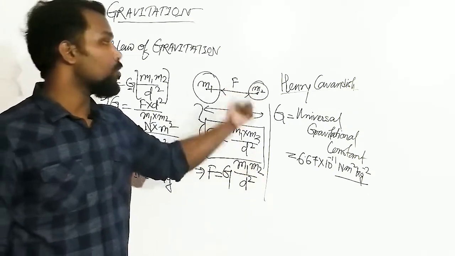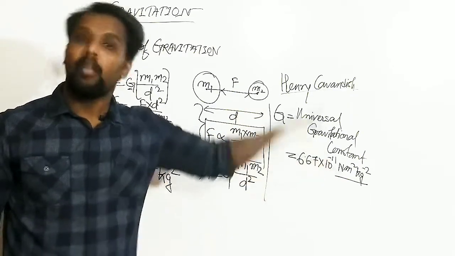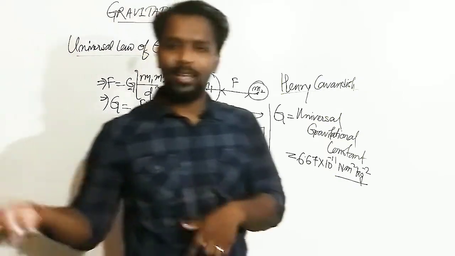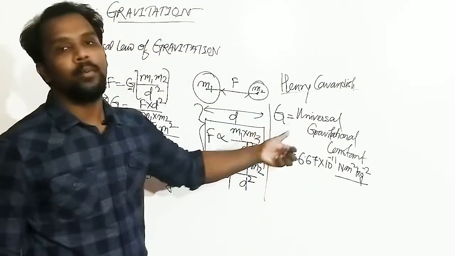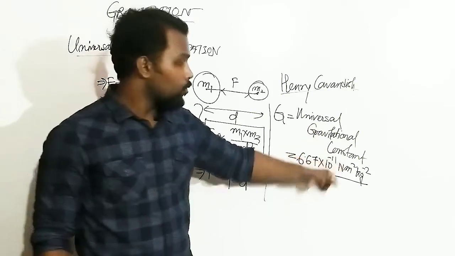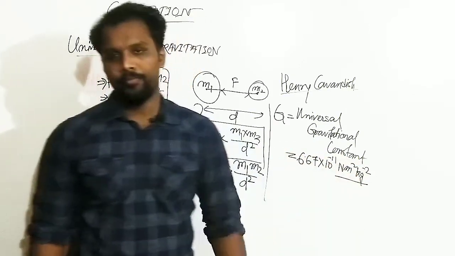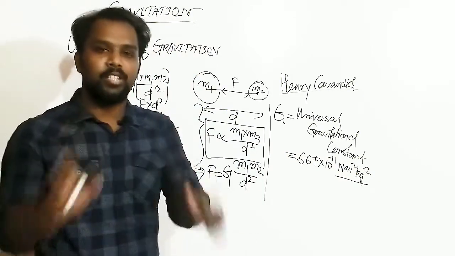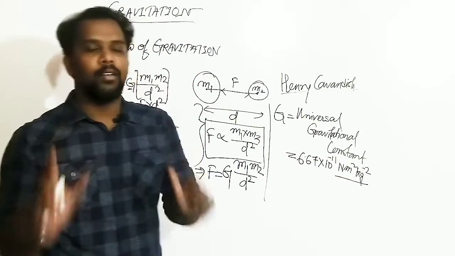Why is the name universal given? Because it is constant in the whole universe. Wherever you go, if you go to Mars, or to Venus, that G is going to have a constant value. It is 6.673 times 10 to the minus 11 Newton meter square per kg square. Simple fact, simple concept, just make it simple. You are going to understand it properly.